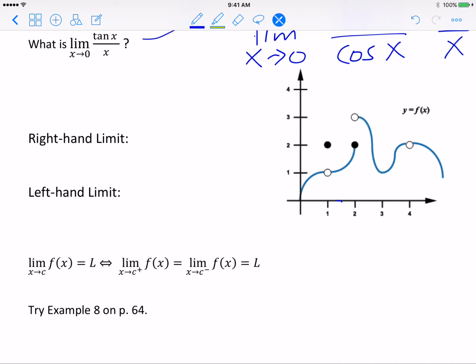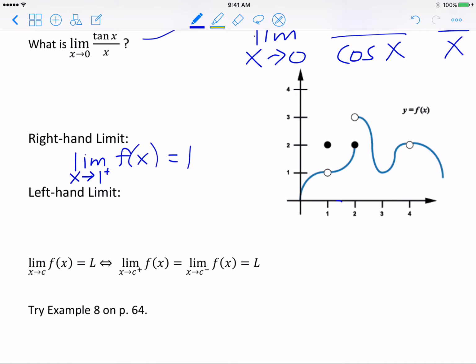For the right-hand limit, we say this is the limit of the function f of x as the x value approaches 1 from the right side. The plus sign right there implies that we're trying to find the limit of the function f as x approaches 1 from the right side. And from the right side, your y value will become 1.